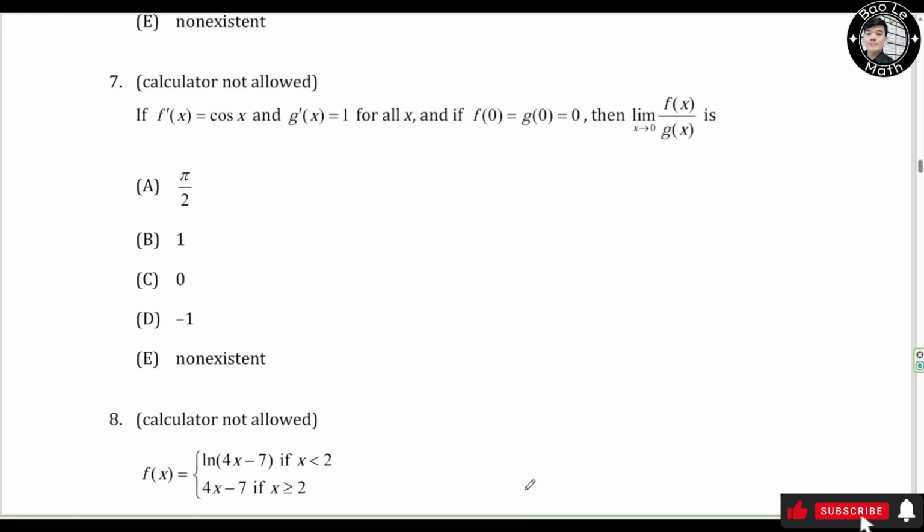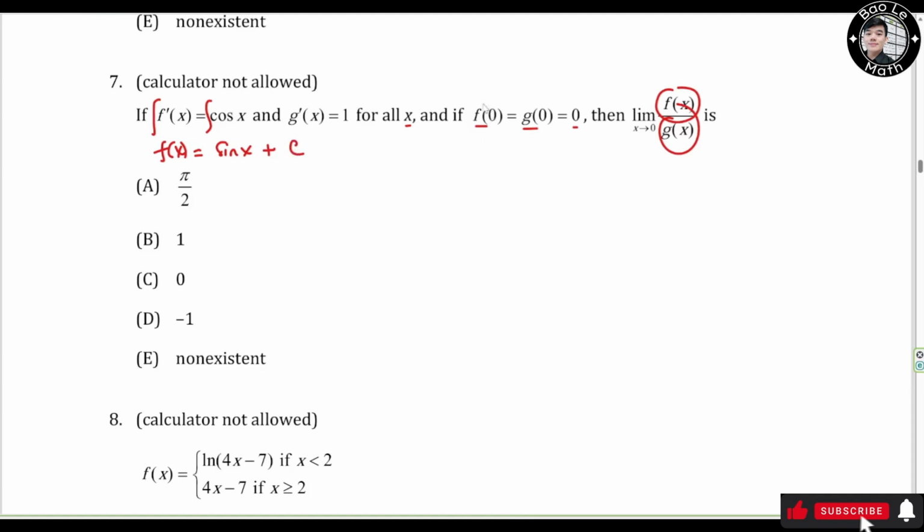Now let's move on to question 7. If f prime of s equals cosine s and g prime of s equals 1 for all s, if f of 0 equals g of 0 equals 0, then we need to find this one, right? So, look, this is f of s, this is g of s, right? We don't have it, we need to find it, right? So we need to take the antiderivative of both sides, like that, right? So you have f of s equals sine s plus c.